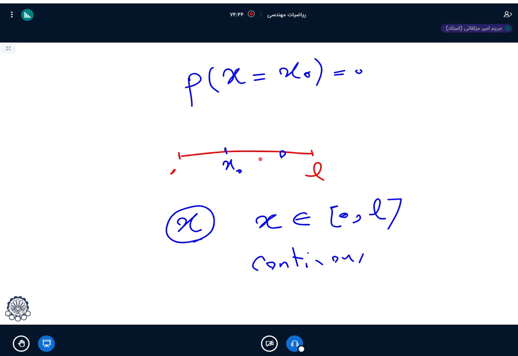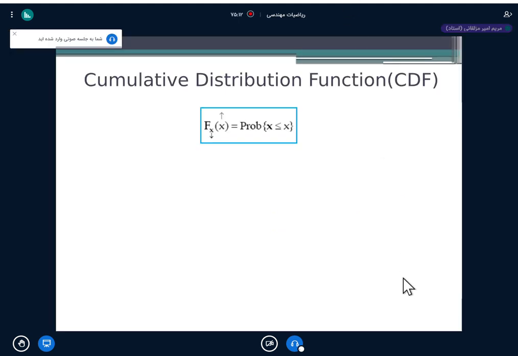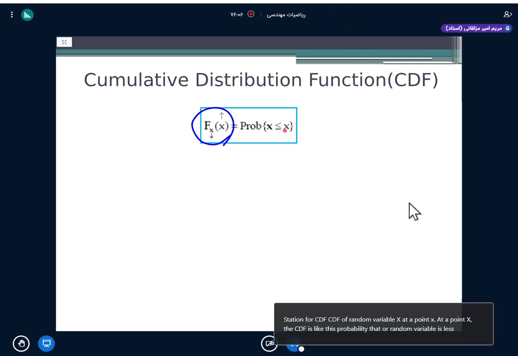Probability, random variables, and statistical analysis are part of engineering mathematics, and we expect that you will be more familiar with these concepts by the end of the course. Then we define the cumulative distribution function, or CDF, for continuous random variables and also for discrete random variables. CDF is the probability that our random variable is less than or equal to the value of x.